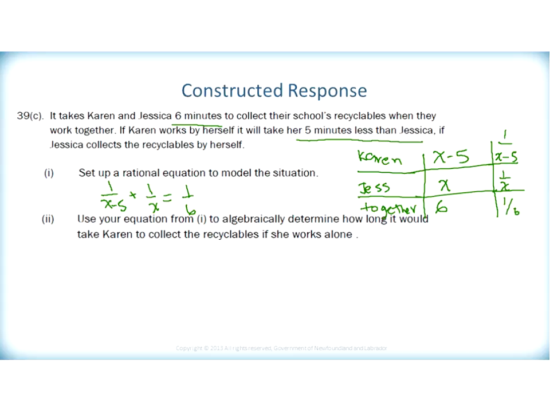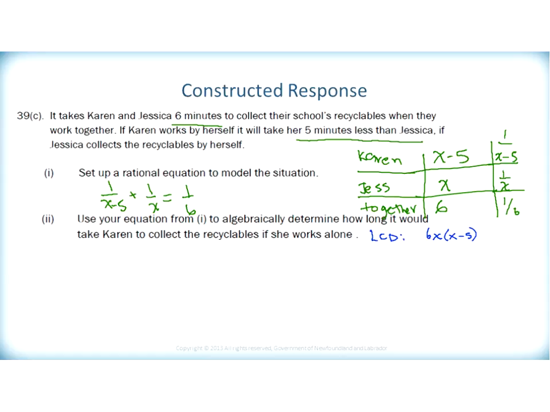We have to use the equation to algebraically determine how long it would take Karen to collect the recyclables if she works alone. Since this is a rational equation, we have to determine the lowest common denominator, so we can multiply each term by it to eliminate the fractions. The lowest common denominator in this case would be 6x outside of x subtract 5.